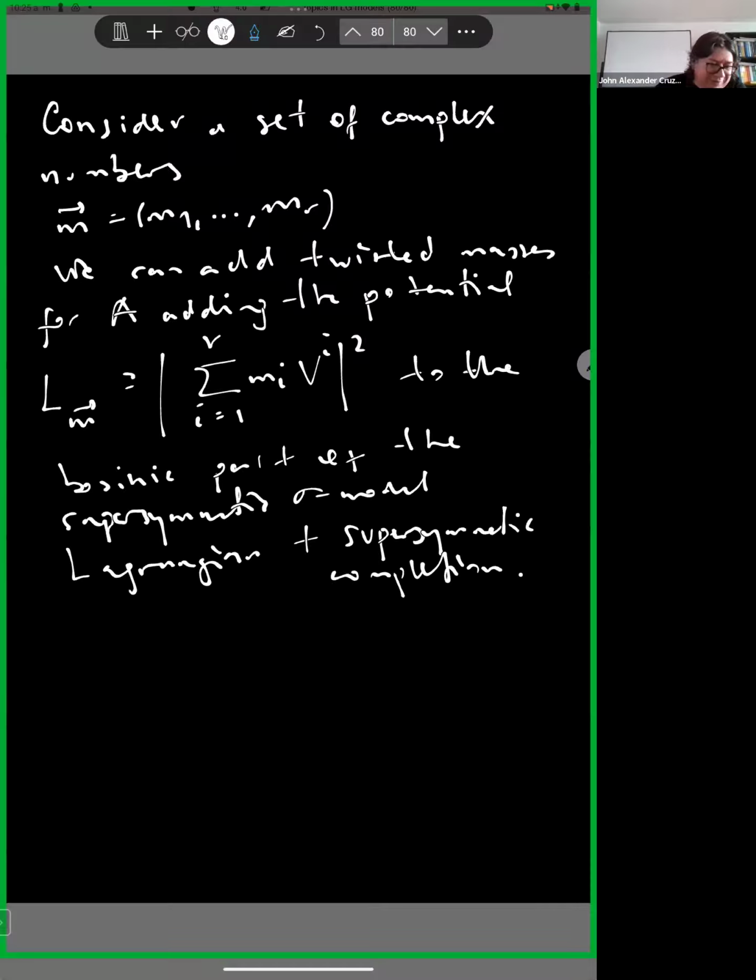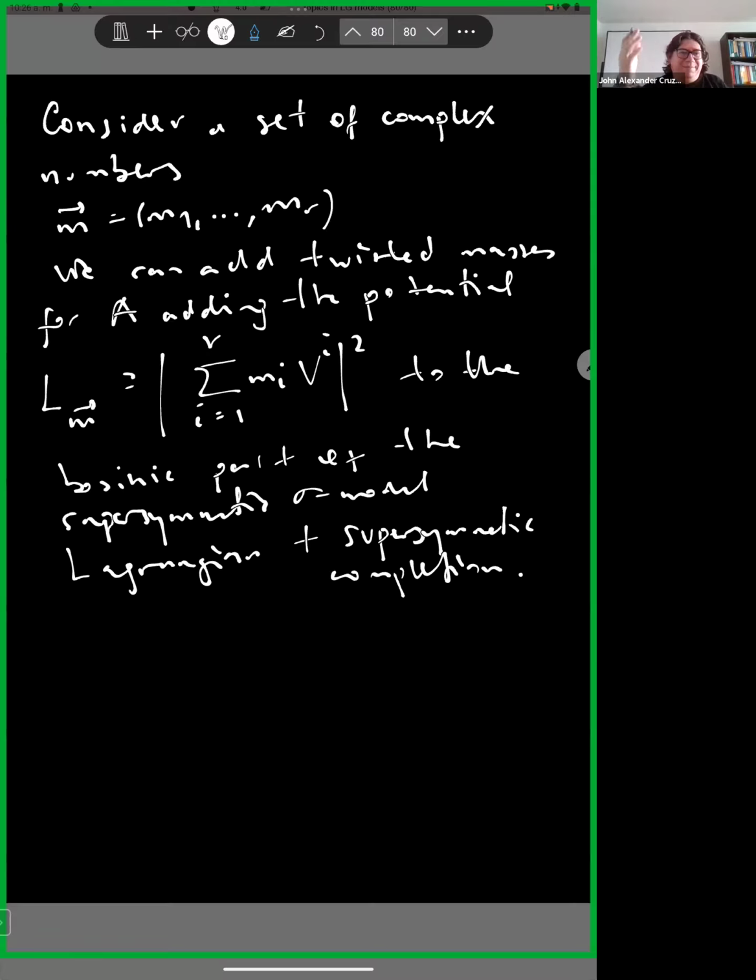Okay. So the important thing is that we have two ways to add twisted masses. You can consider a closed holomorphic form, and then you take the period. So that's a way to add twisted masses.